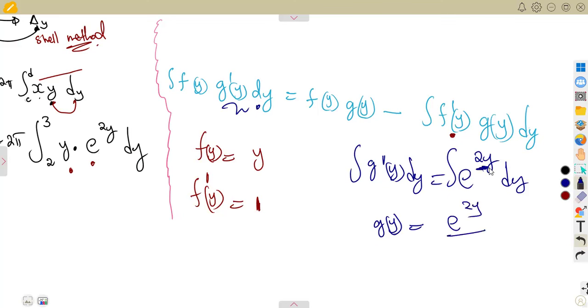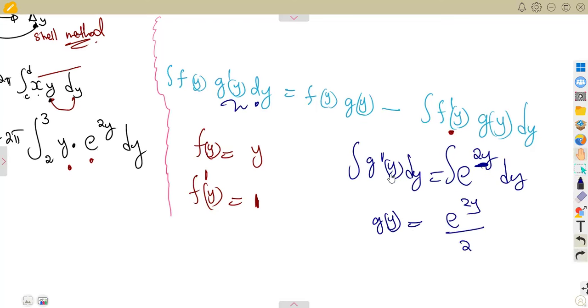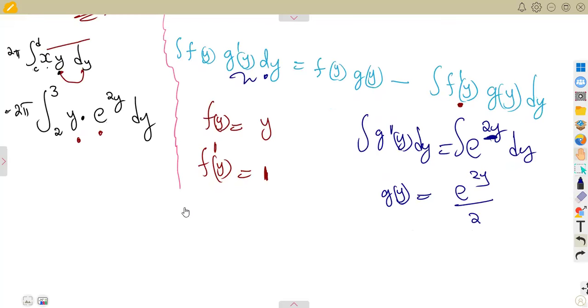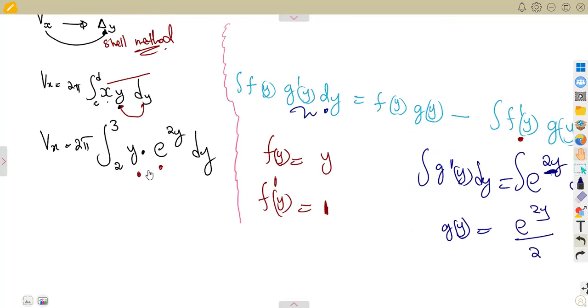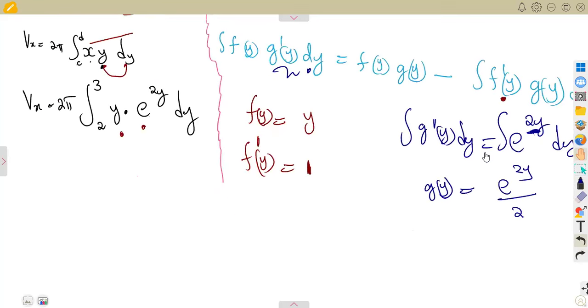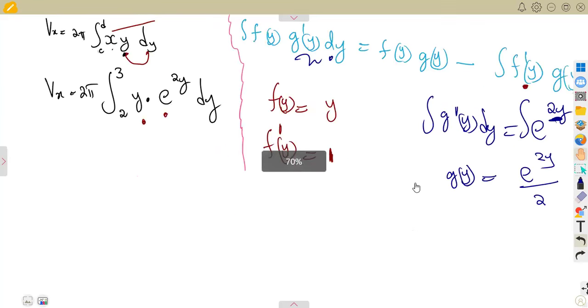It's a linear function, so the derivative of 2y is 2. For integration, you divide. Derivative, you multiply. But integration, you divide. So this is the information that you're going to need to integrate this.